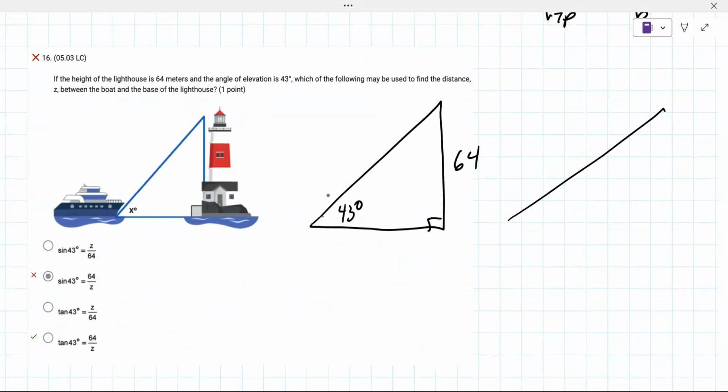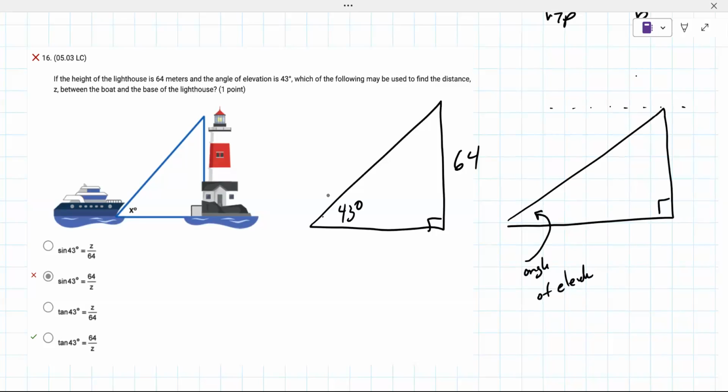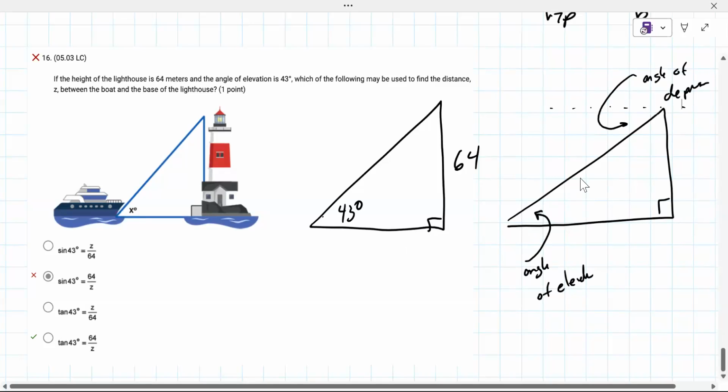Kind of off to the side, this right here is the angle of elevation, and the angle made with the horizontal is the angle of depression. And they happen to be congruent. If you're ever unsure, they are congruent.